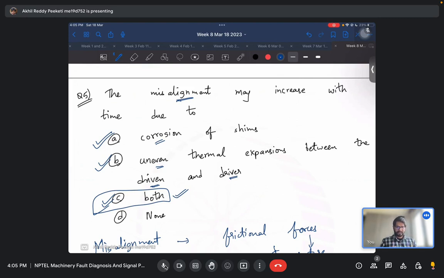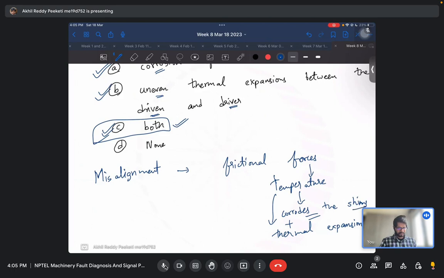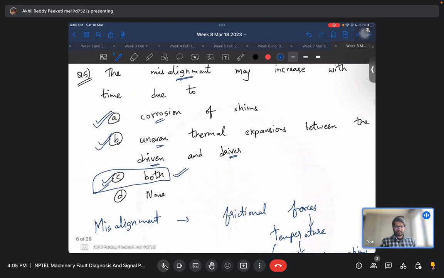If the misalignment is there, because of that there will be frictional forces and axial forces, which raise the temperature, which then can speed up the corrosion of the shims, and also, because of the temperature, there are uneven thermal expansions between the driven shafts and the bearings and everything. So misalignment can actually increase with time due to corrosion of shims and uneven thermal expansions.